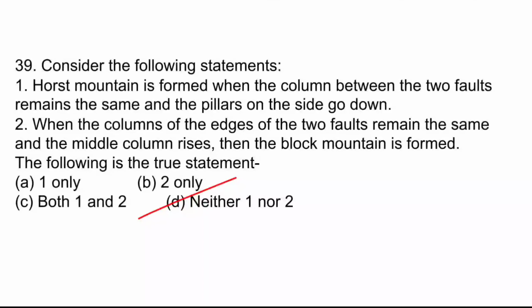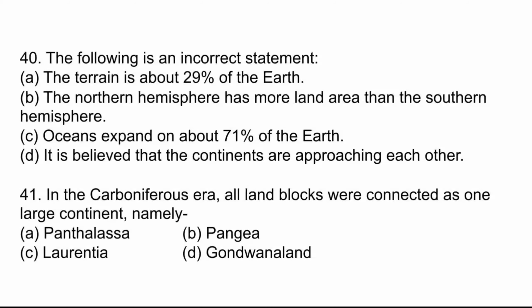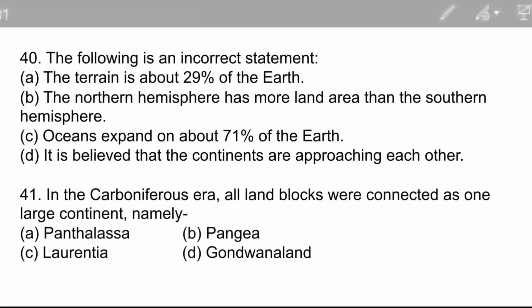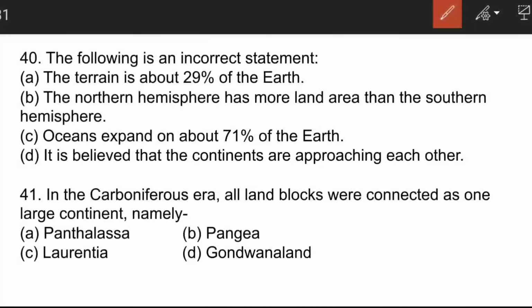So let's move to the next question. We have to find out the incorrect statement here. The terrain is about 29% of the Earth, that is the terrestrial part. Correct. We have to find out the incorrect. So let's mark it.